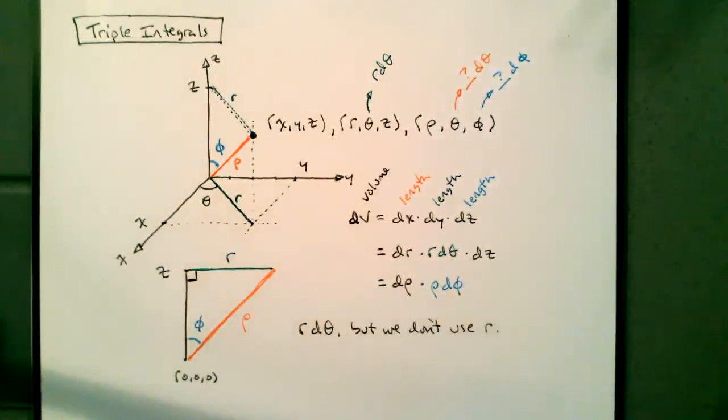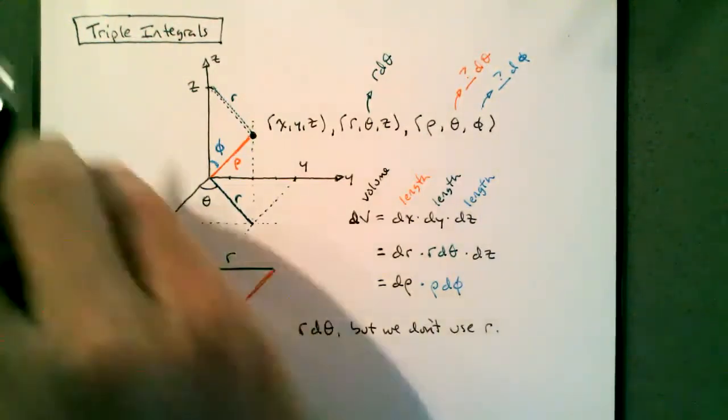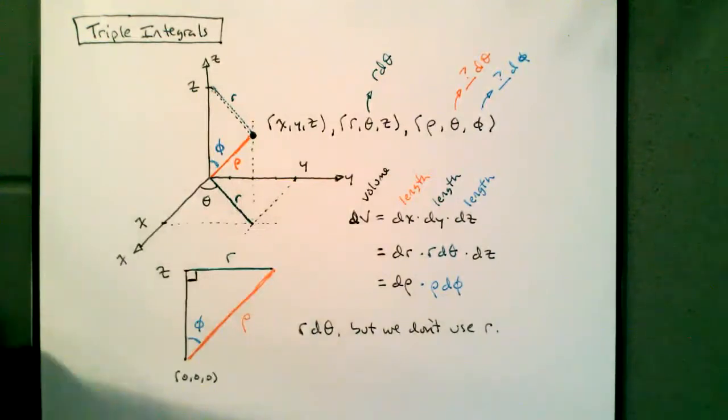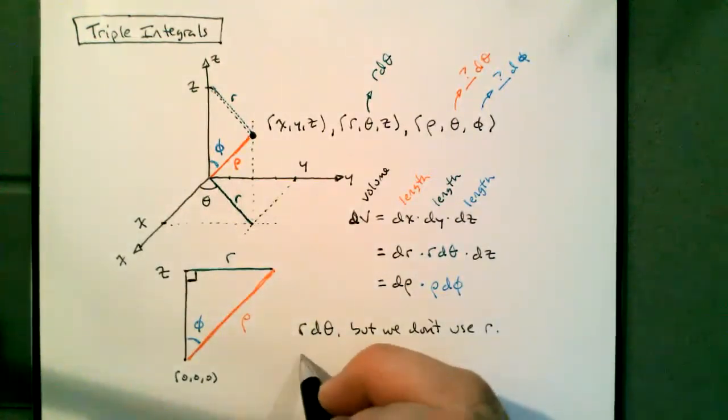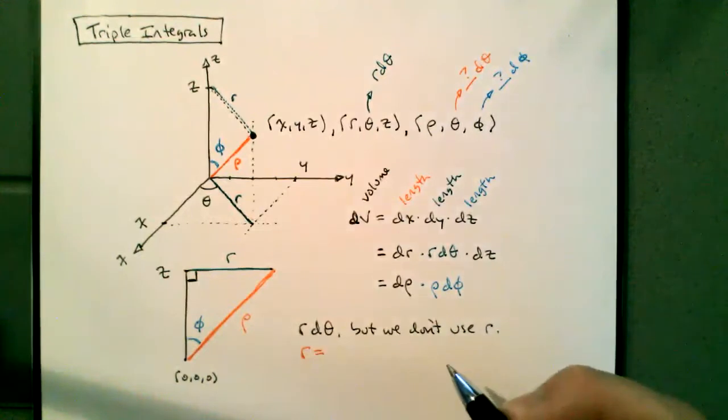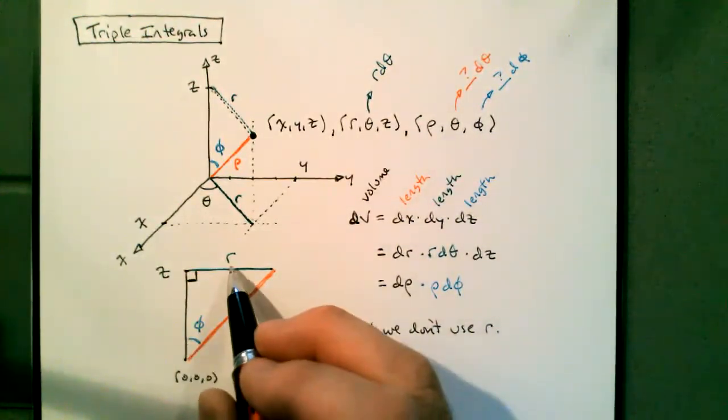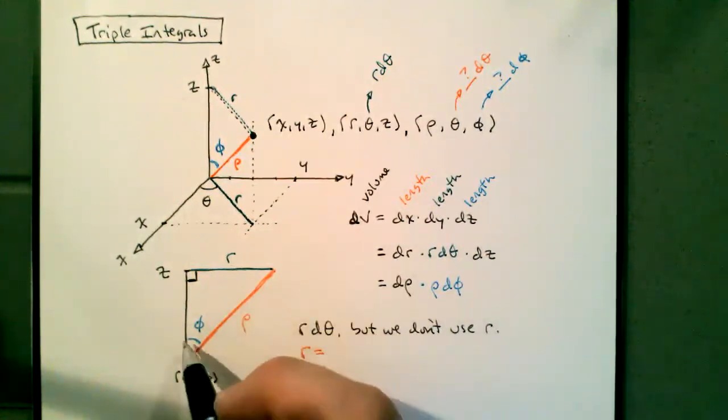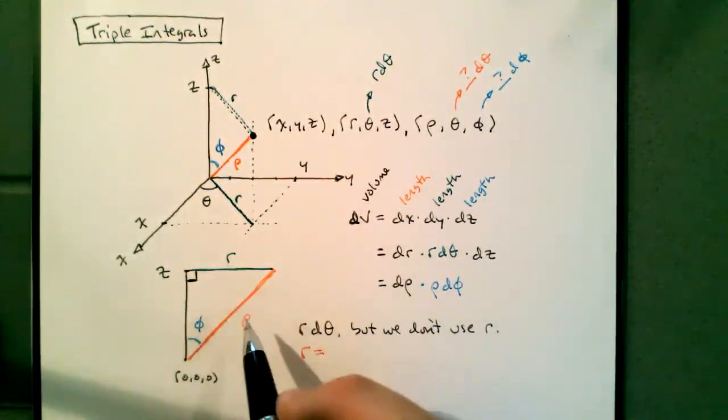The sine of phi will be r over rho, because sine of an angle is opposite over hypotenuse.